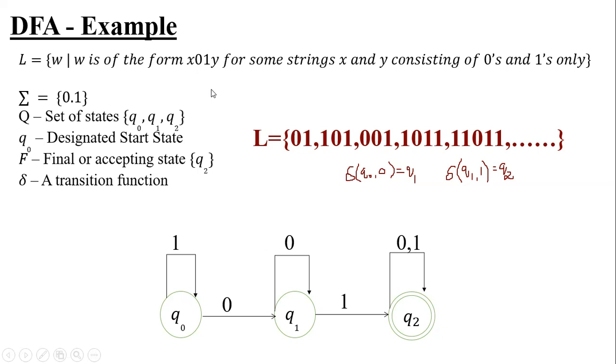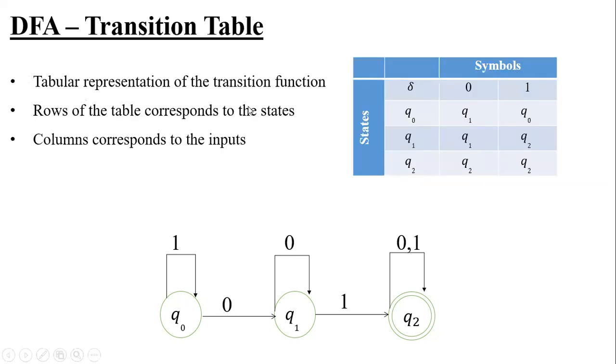For every DFA, we have a transition table. So let's talk about what a transition table is. A transition table is a tabular representation of the transition function, where the rows of the table correspond to the states and the columns correspond to the inputs. So for this particular DFA, we have this transition table.